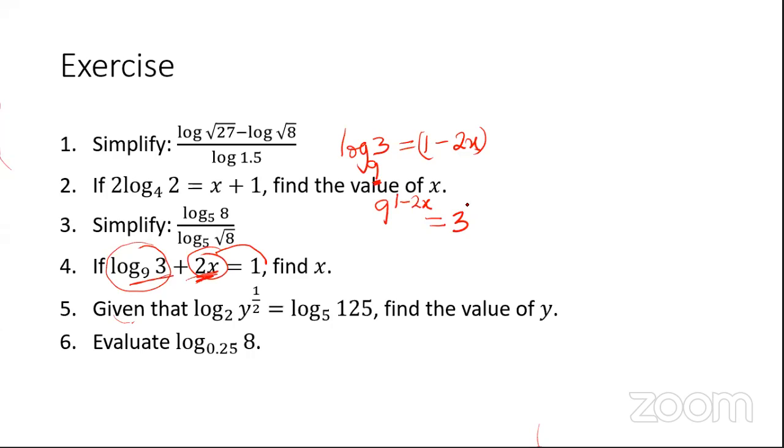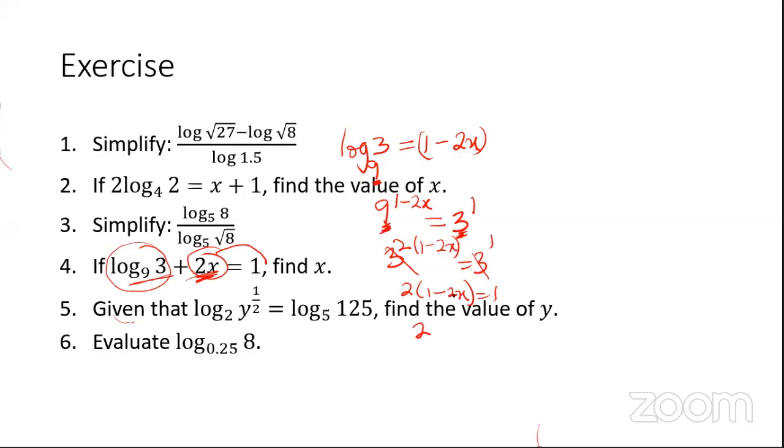So it equals 3 raised to power 1. Now this one you have to express in terms of base 3. Since this is base 3, this is base 3, you have to make sure they are in the same base before we compare. So 9 is the same thing as 3 raised to power what? 2. So 3 raised to power 2, also raised to power 1 minus 2x, is equal to 3 raised to power 1. If the bases are equal, then you deal with the power, so you equate the powers. 2 into bracket 1 minus 2x equals 1. So 2 times 1 gives us 2.